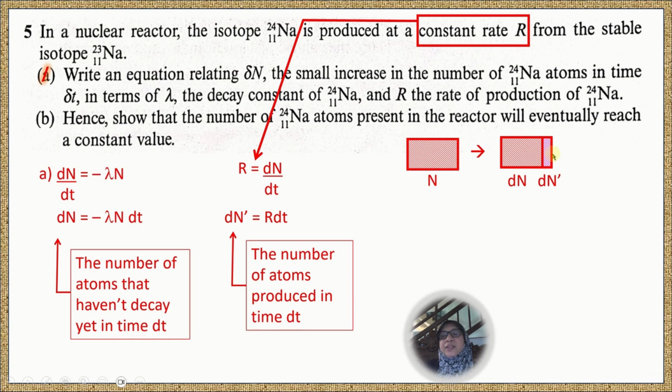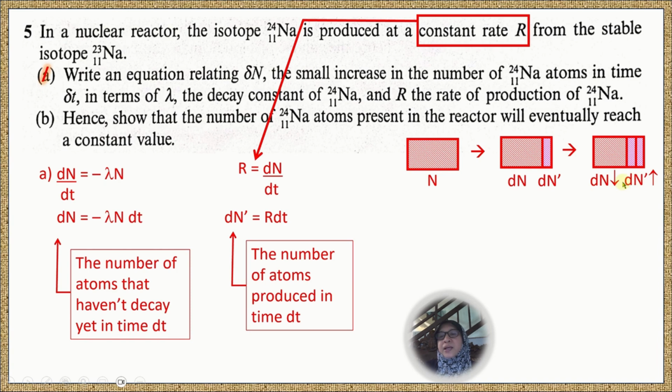Okay, and this is the decreasing number of atoms, and the number of atoms produced, but the total overall number of atoms will be the same. As the time increases, the number of atoms decayed increases, but the number of atoms remaining keeps decreasing.